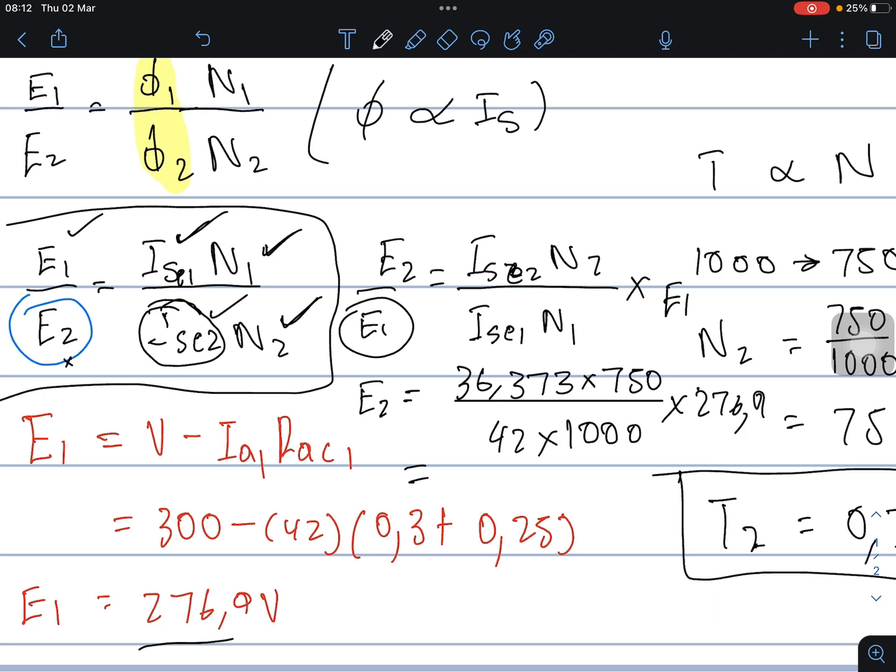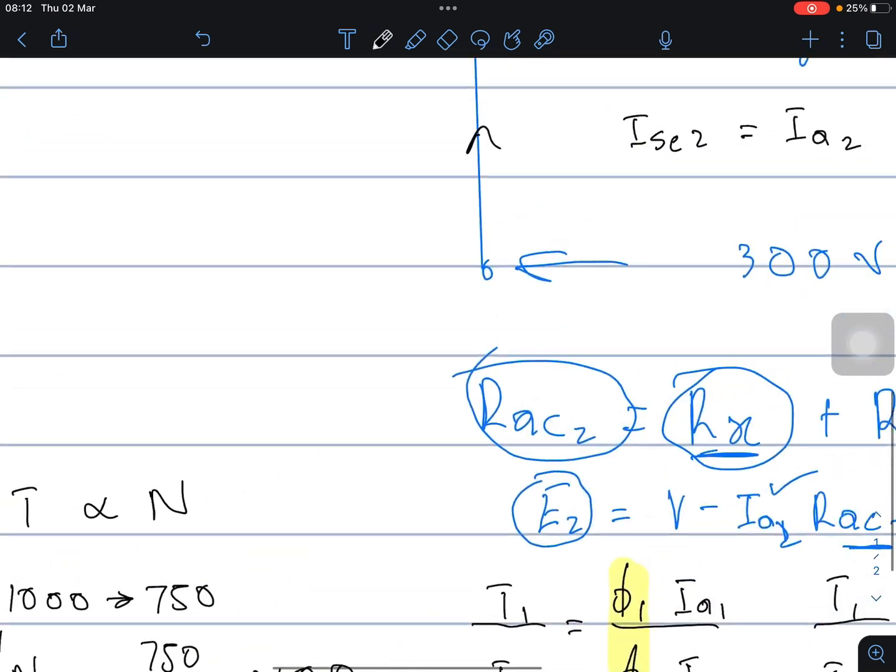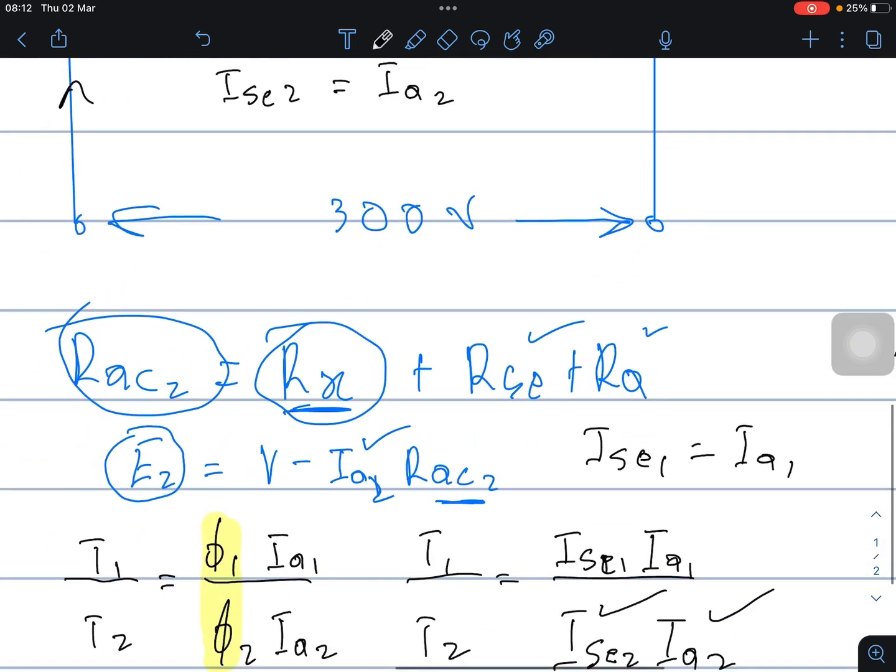This E1 must be multiplied on top, and E1 is 276.9. So 36.373 times 750 over 42 times 1000, times 276.9. So the back EMF here is 179.851 volts. Okay, guys, we have calculated E2.